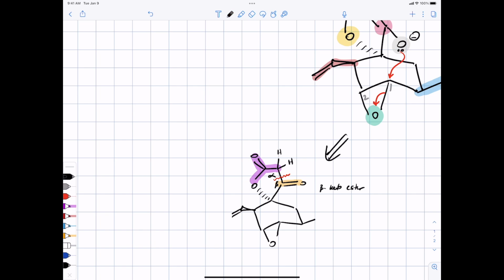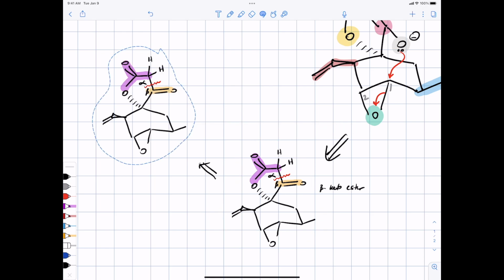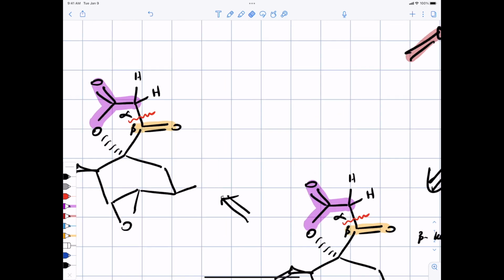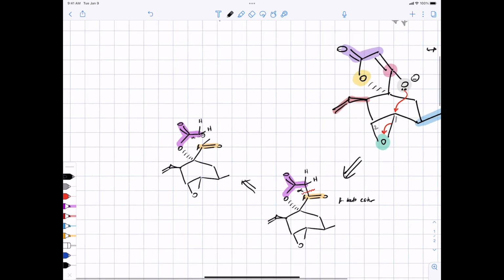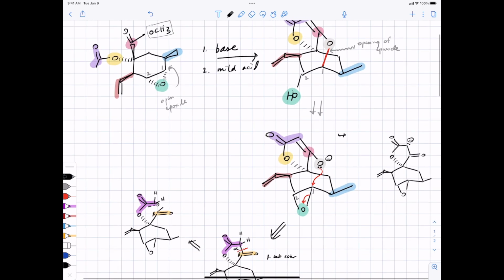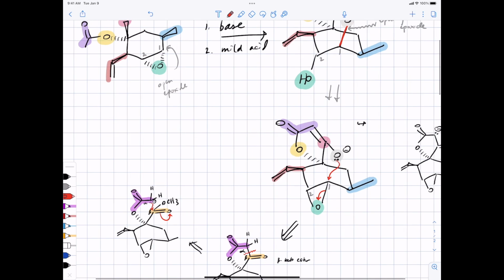So thinking backwards one step, if this used to be the nucleophile on the alpha carbon, there's the enolate, the electrophile, and now we start looking at the starting material to see, okay, that's where our methoxy group went, right? We attacked to get a tetrahedral intermediate, and then that methoxy group kicked off.